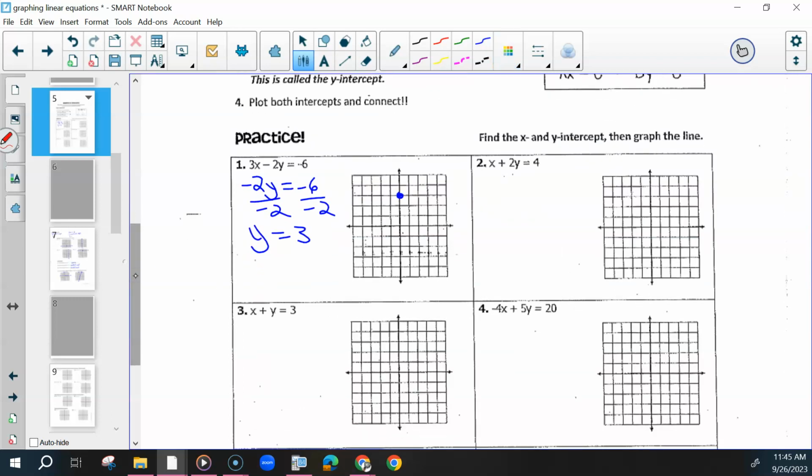And then we can do the same thing to find our x. Cover up the y term and write what's left. And then solve for x. You have an x-intercept at -2.